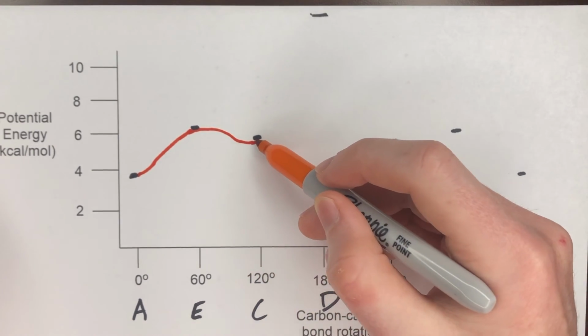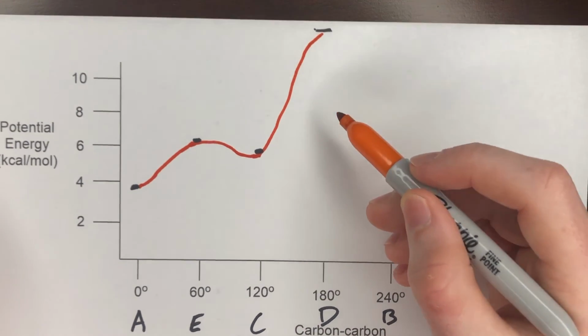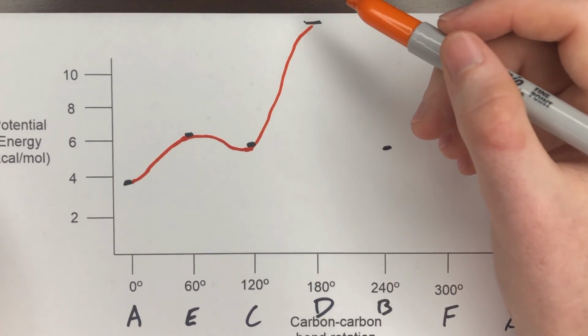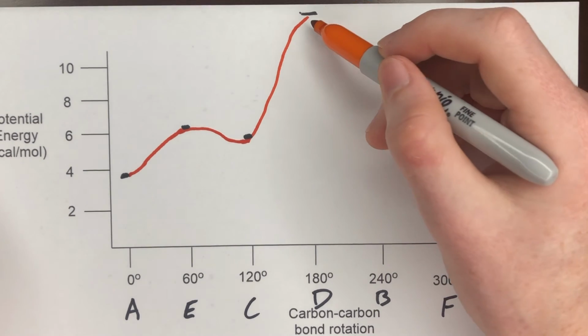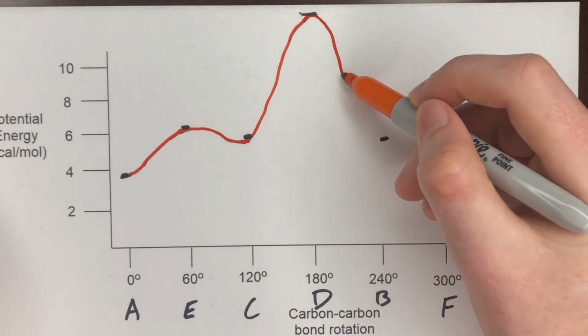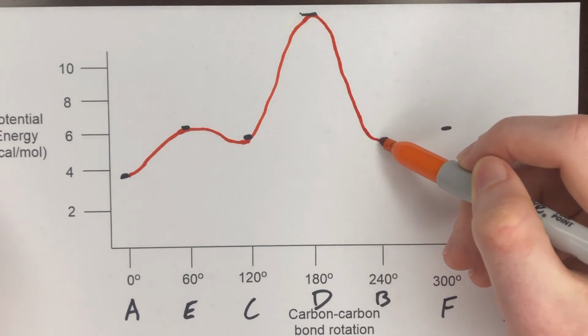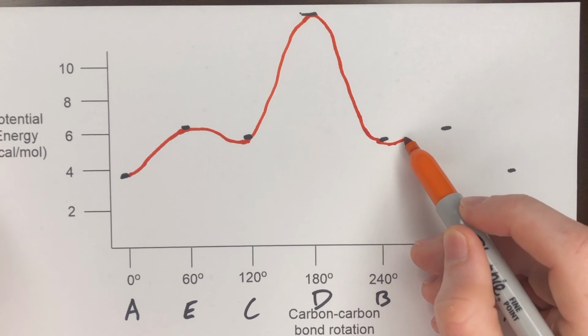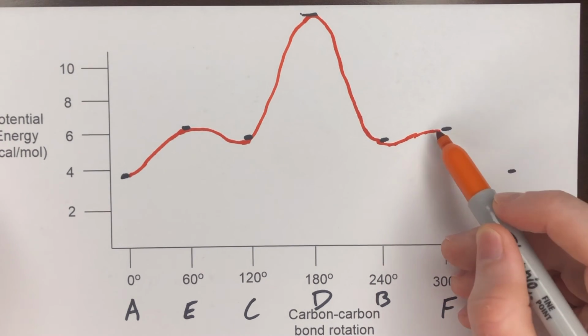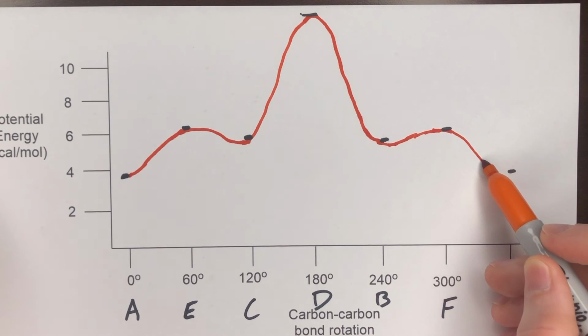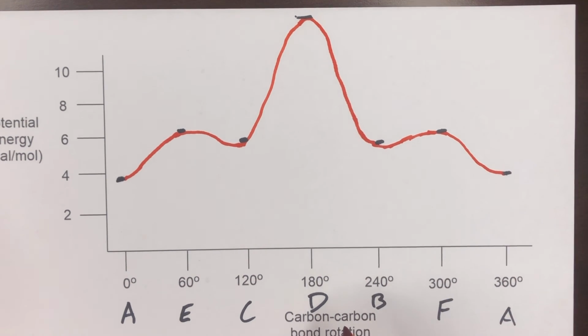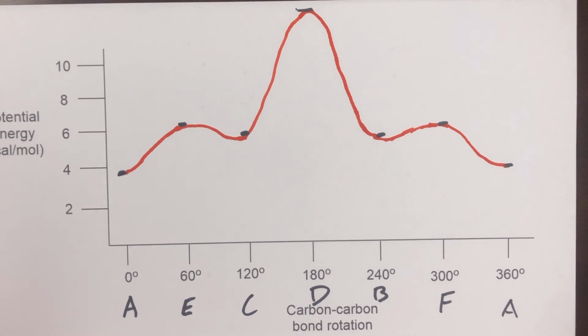And this one's going to slowly increase all the way up to the eclipsed with the methyl or the phenyl and the T-butyl. And then this is going to fall back down to the staggered. And then there's an increase in energy back to an eclipsed. And then we go back down to our original most stable. So this is how you would assess this type of question.